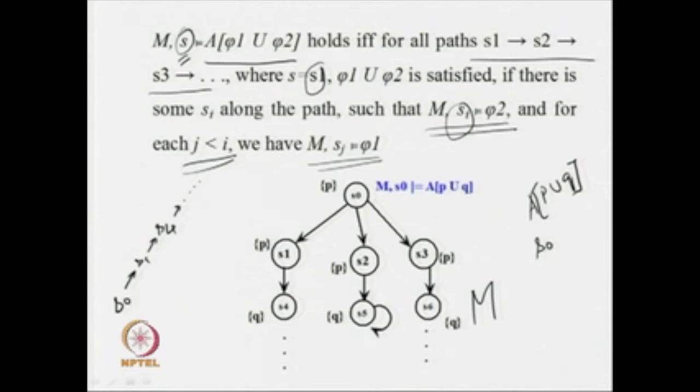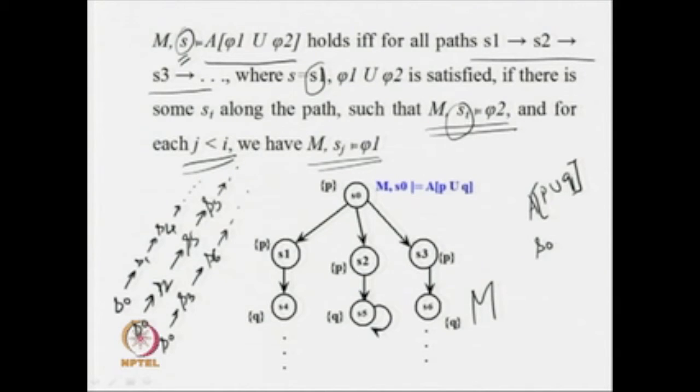Second one, we are looking for this particular path: S0 is having a transition to S2, S2 is having a transition to S5. In S5, we are having a self loop. Again, we are having another path from S0, this is your S0 going to your S3, and from S3 we are having a transition to S6, and it is having a path from there.